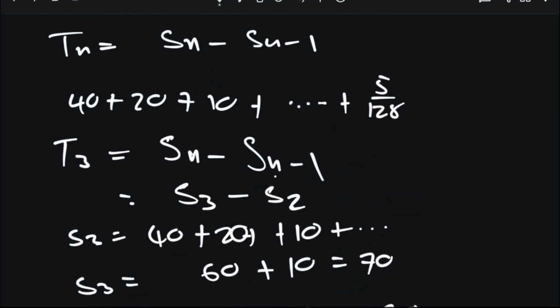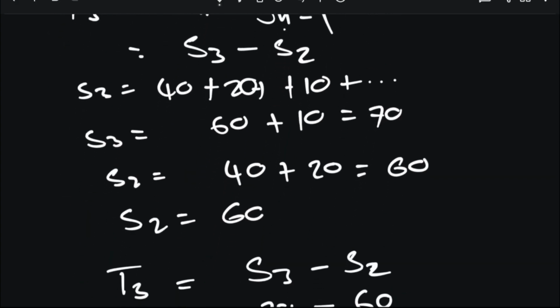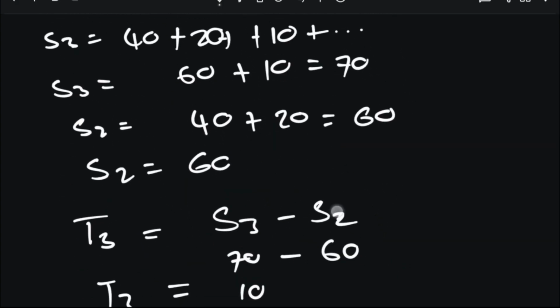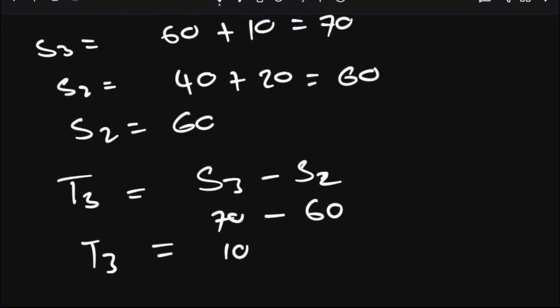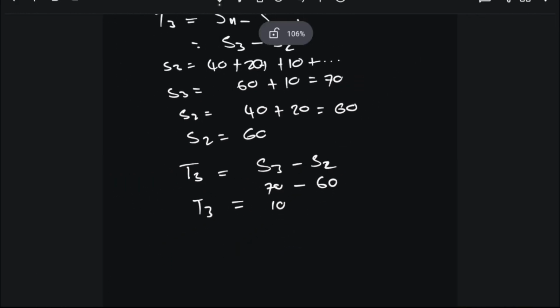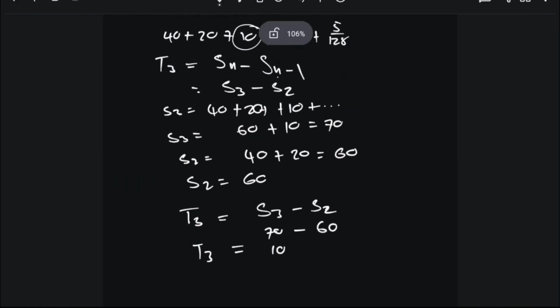Is that what we were given? Exactly. T3 is equal to 10. That's what we were given. So that's another hack that you can use in your exams. They're surely going to ask you these in tests and exams, so please keep that in mind.